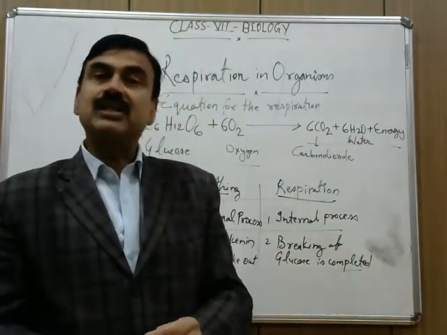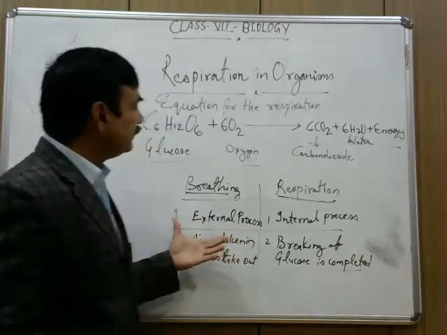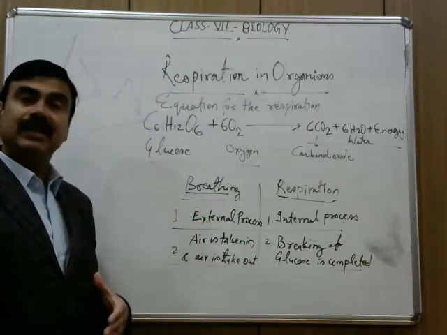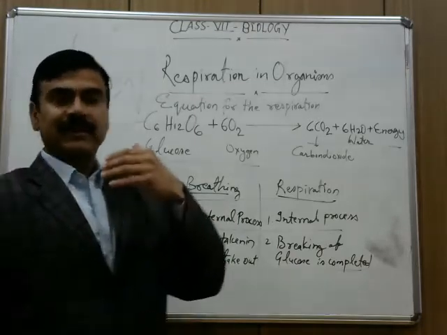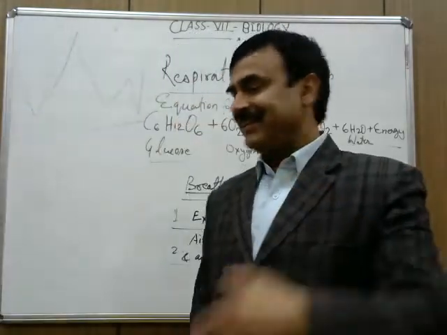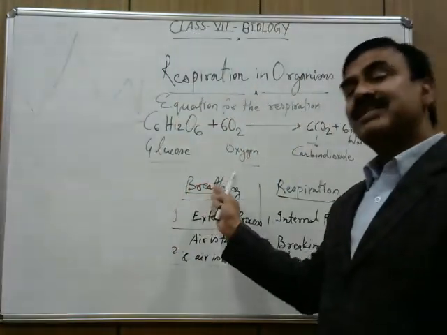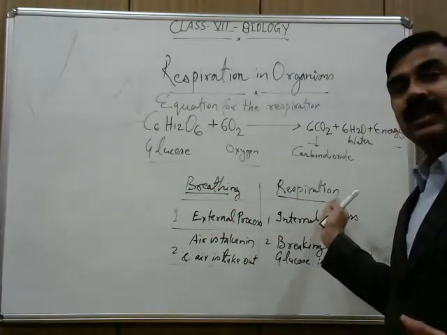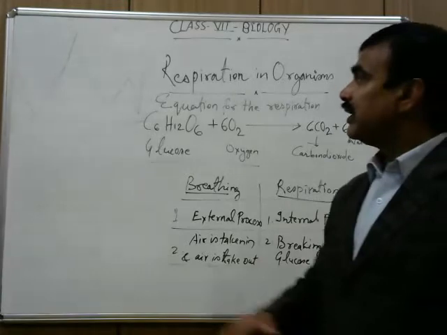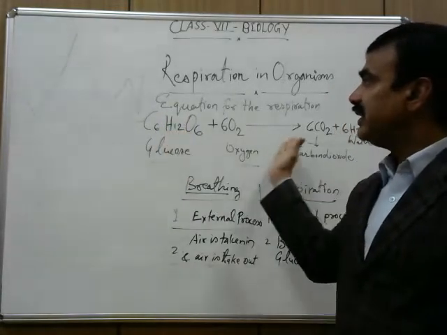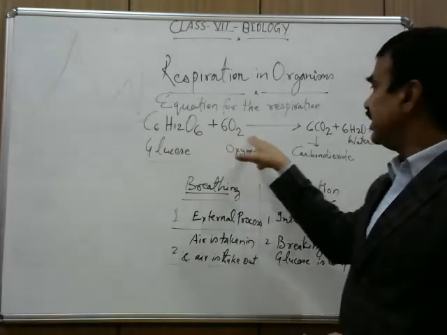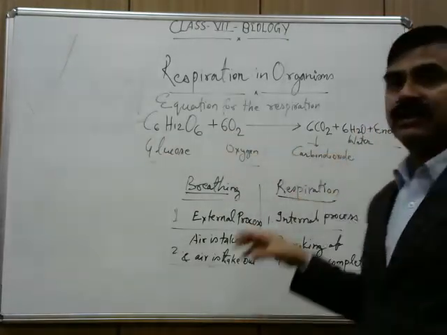That is why it is very important to write down the differences between breathing and respiration. Now I'm sure that you can write the differences between breathing and respiration. There is no doubt in your mind, right? You will write the chemical equation for this. This is C6H12O6, then oxygen, then carbon dioxide, then water.